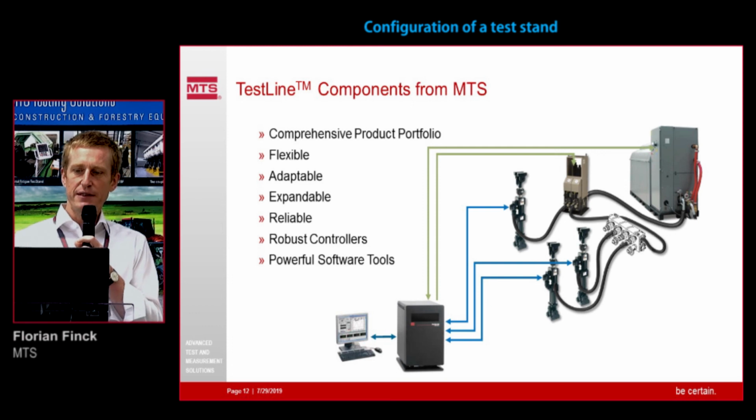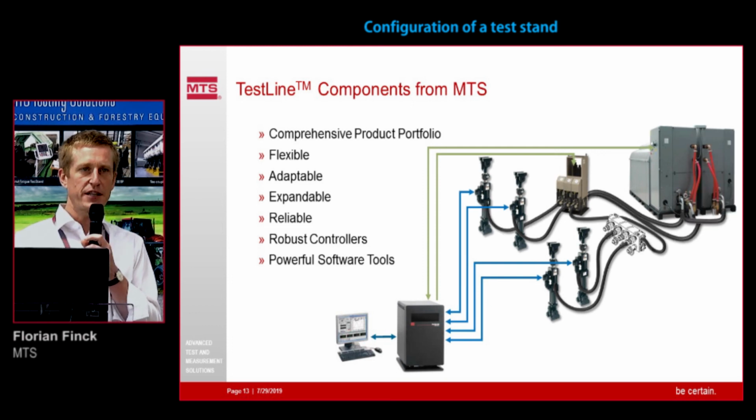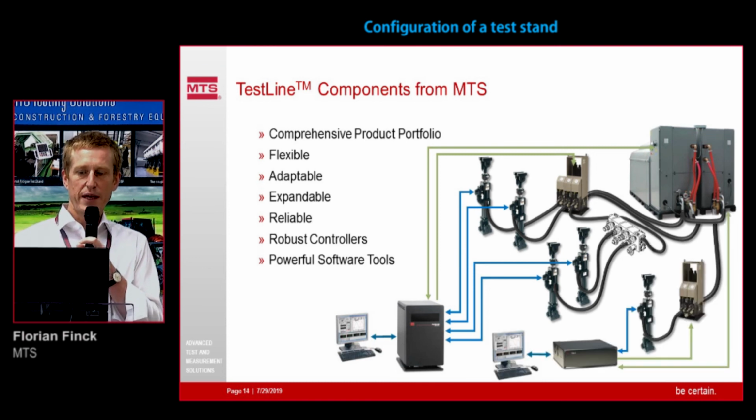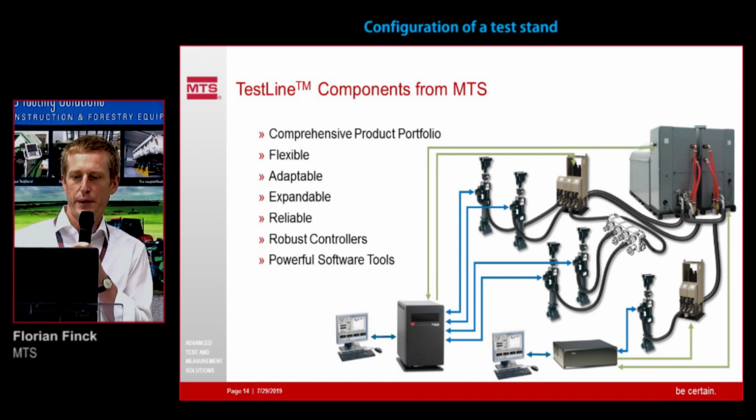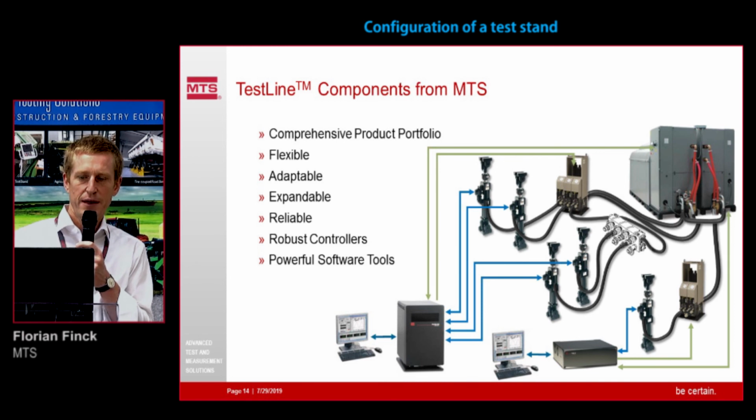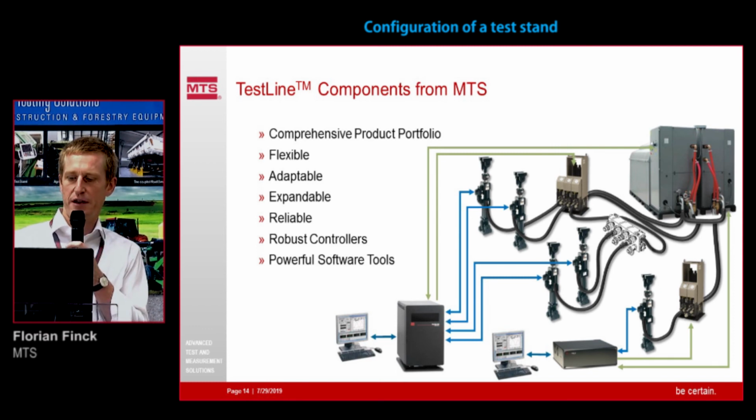And we can expand this, so if we need more actuation, we can just add a pump if we need more hydraulic power. And we can integrate this, expand the service manifold, for example, or add control channels in our FlexTest controls. And we can add another FlexTest controller if we need more control channels, for example. Our FlexTest controllers are very robust, and we have very powerful software tools, which I will mention later on in another presentation.